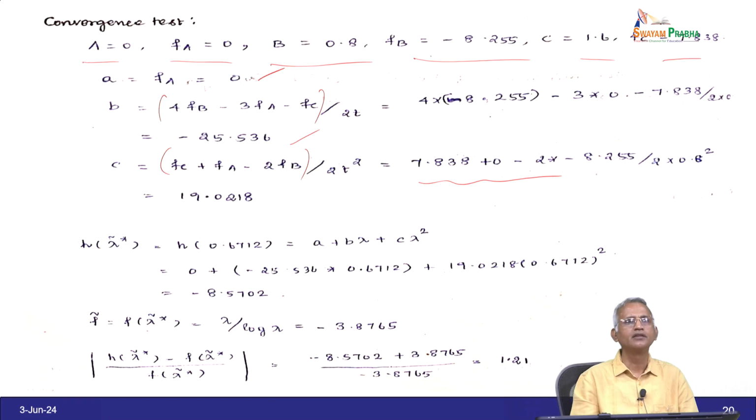T is 0.8. So, 0.8 square, substitute it, 19.0218 will come.